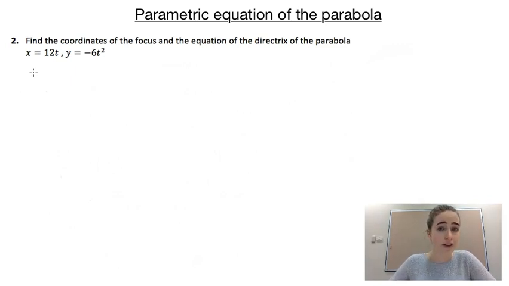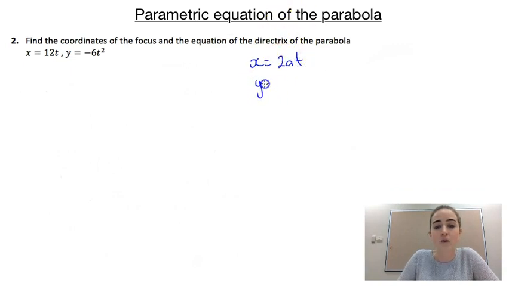The more direct way to do things, though, is to recognize the general parametric form that this is in. So if we have a look at those and compare them to the 4 different standard forms of a parabola, we can recognize that this is in the form x equals 2at, y equals minus at squared. So that's going to be a concave down parabola with a vertex at the origin.